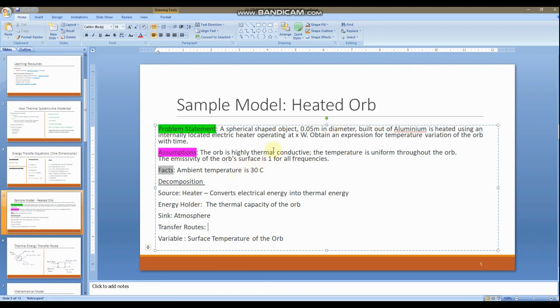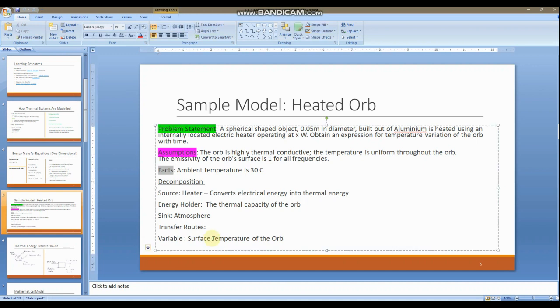Of course, there will be an accumulator, and that would be the orb, although I haven't specified it. However, we'll see it in the next slide. And finally, since we are dealing with mathematics, and for us to obtain an expression for the temperature variation, we'll be introducing a variable called the surface temperature of the orb.